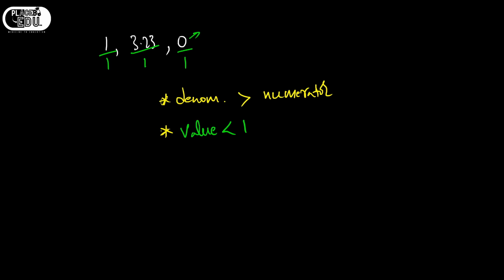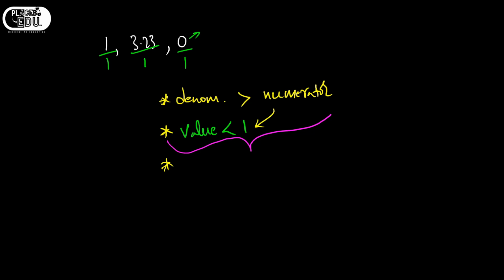Nice. And another thing you have to observe is, if a fraction has this property, that is, denominator is greater than numerator, obviously its value will be less than 1.